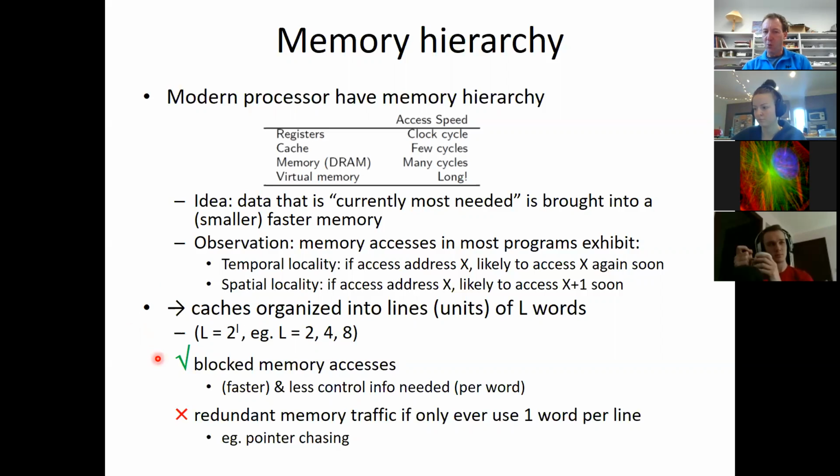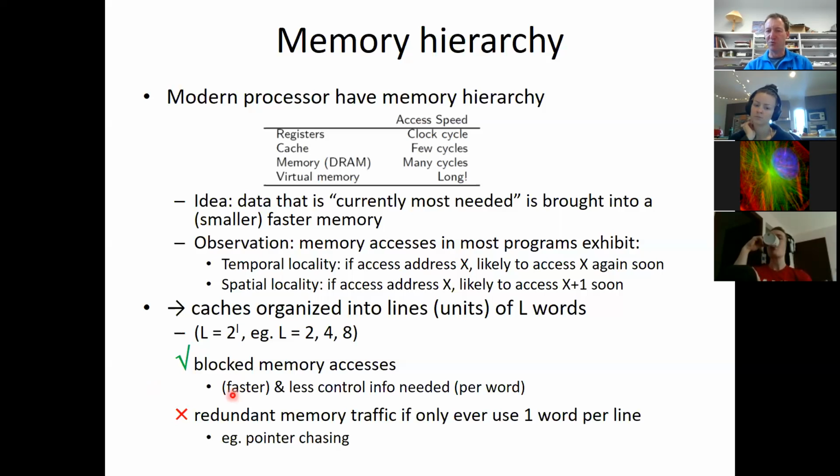So what this means is that when you have these lines of words in a cache, you don't access or load your cache with a single word, but you load it with a complete line of words. So this is really a blocked memory access. You always load whole blocks of words into your cache.